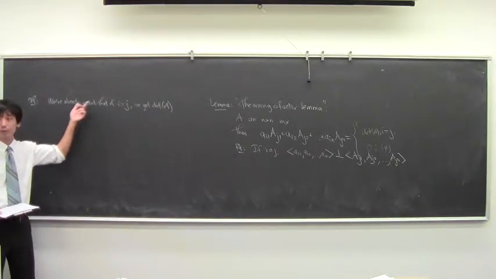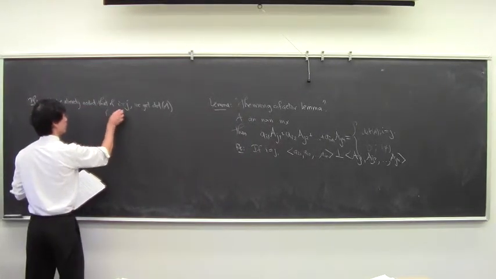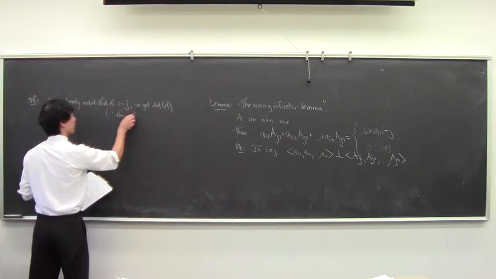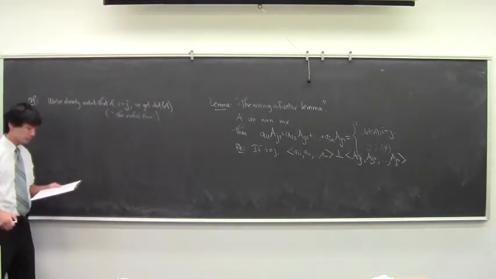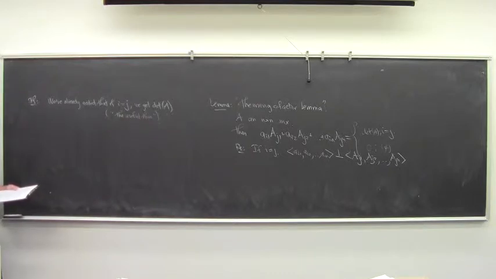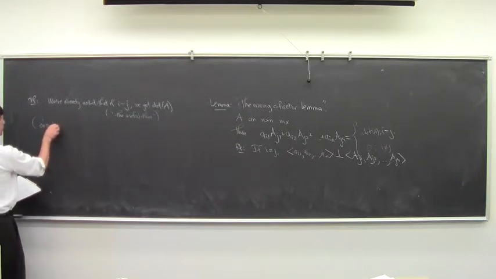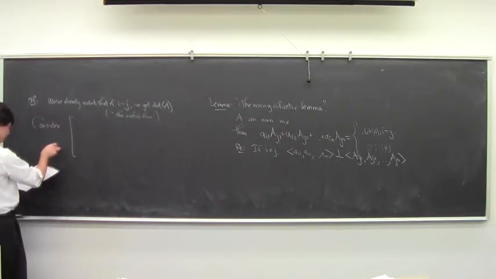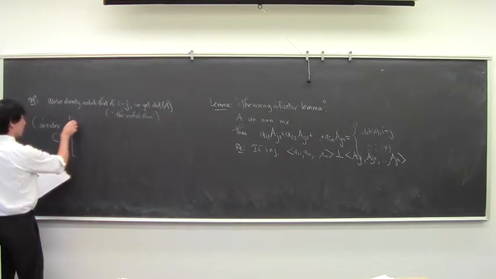You can take the cofactor expansion down any row. Okay. So now we're going to do something funny. Consider the matrix C, which looks like this.